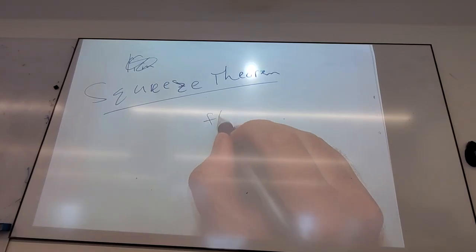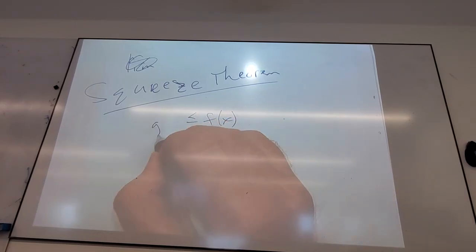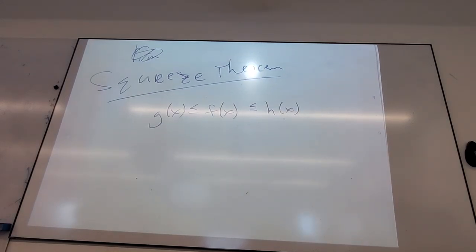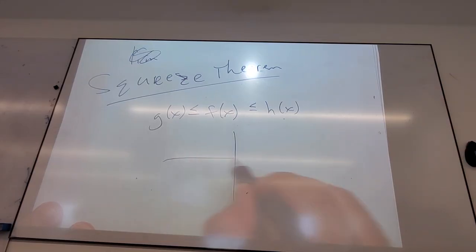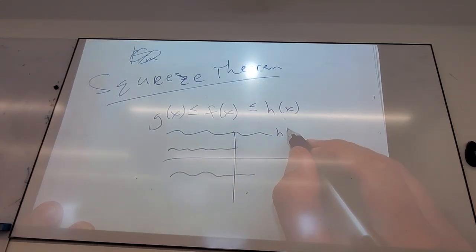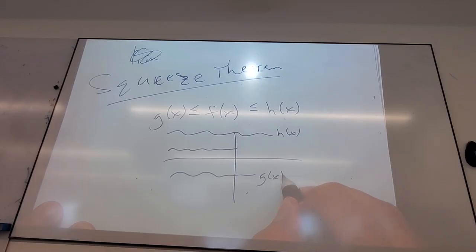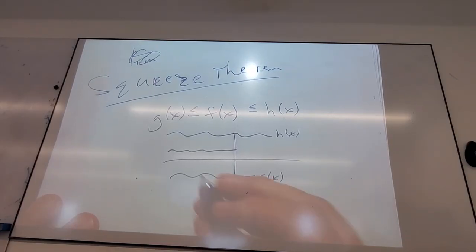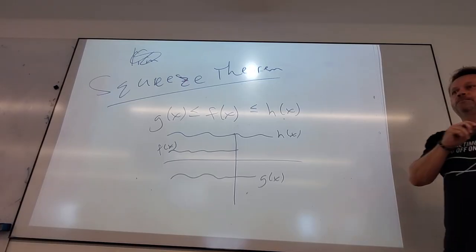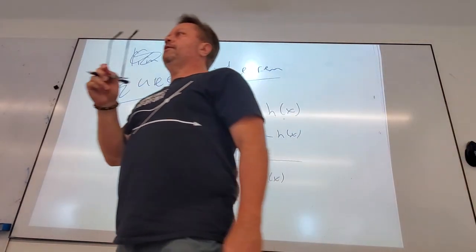If I had a function that lived between two functions forever, what does this really mean? g of x does this, h of x does this, and f of x is in the middle. h is like a ceiling, g is like a floor, and f is in the middle, living its life, but it's constrained.